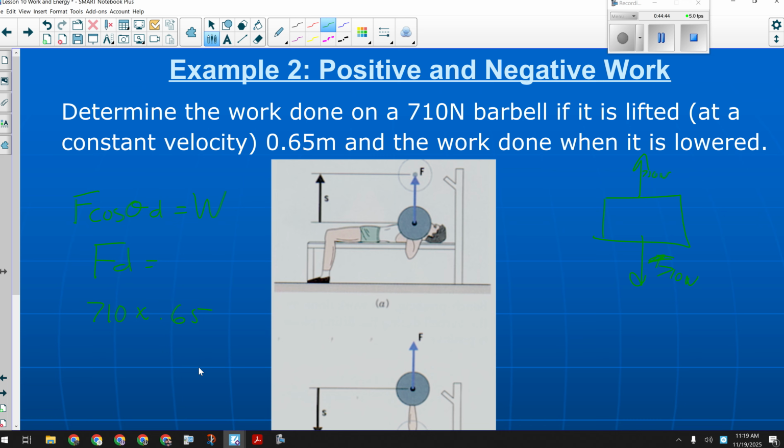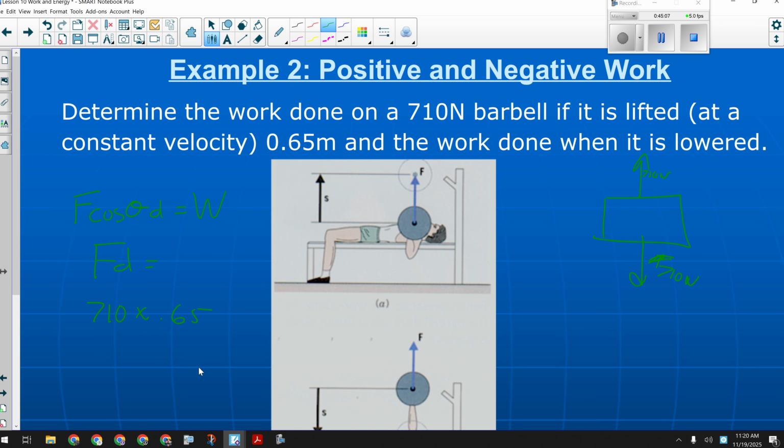Well, when I lower it, if I just drop it, it'll convert all of that to 462 joules of kinetic energy and crush my rib cage. I don't want that. So where does the work go if I lower it slowly? Still back to me.